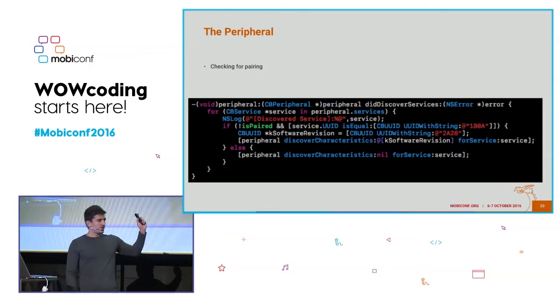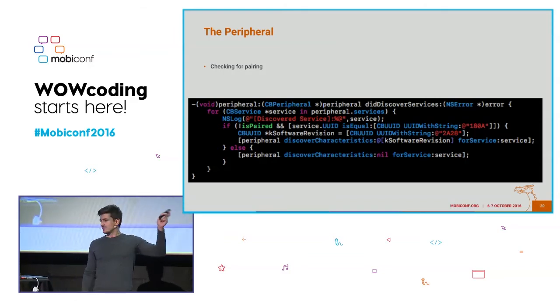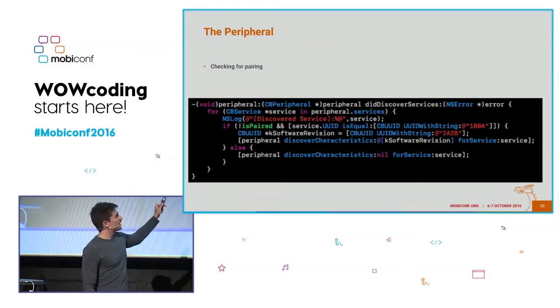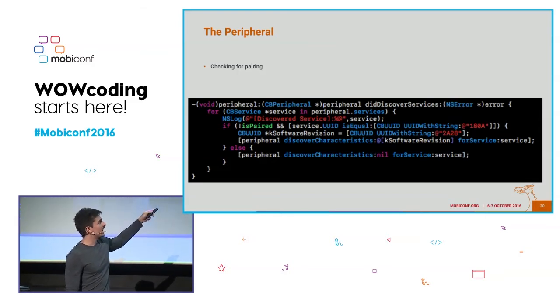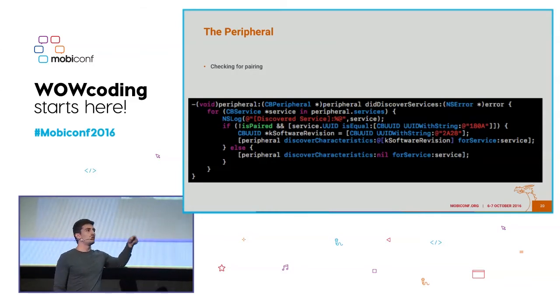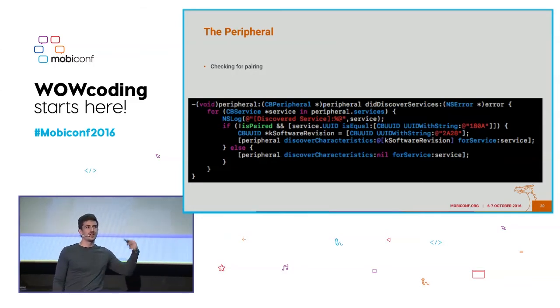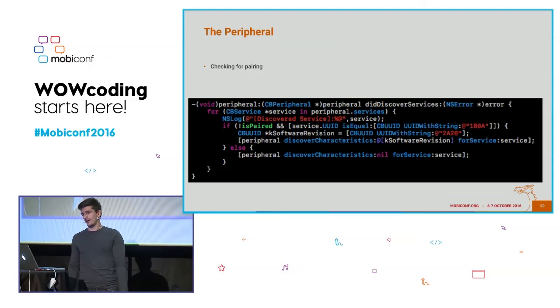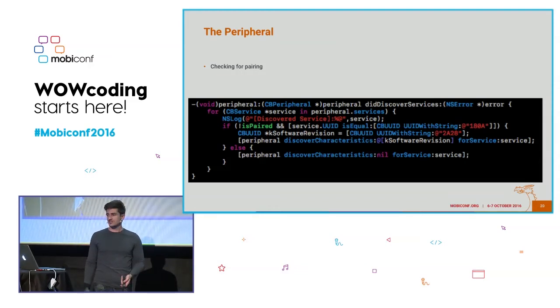Here we're checking if it's paired and if the service belongs to the device information family. Now, pay close attention that we want to discover just one characteristic again. There's no need for us to go to all of them because we're only trying to hit once. And if we already are paired, you can just discover every single characteristic.